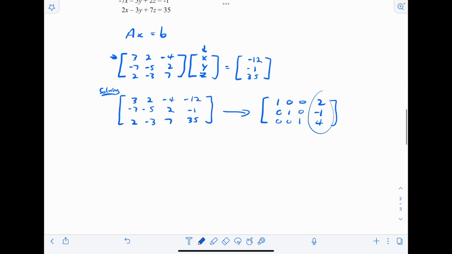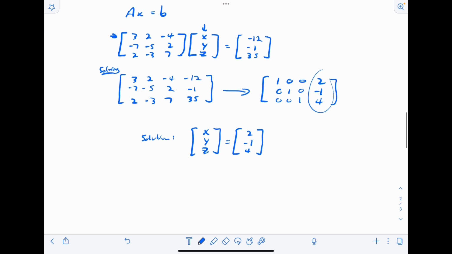So again, thinking about how we're writing these matrices, I could write this solution as the matrix x, y, z equal to the matrix 2, negative 1, and 4.